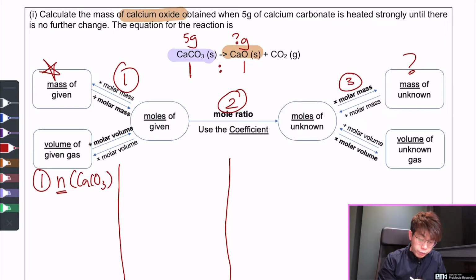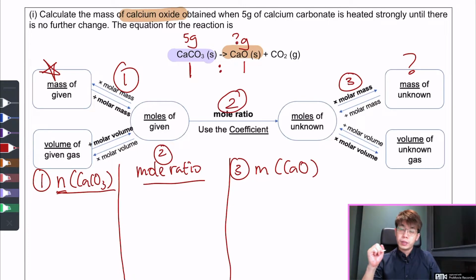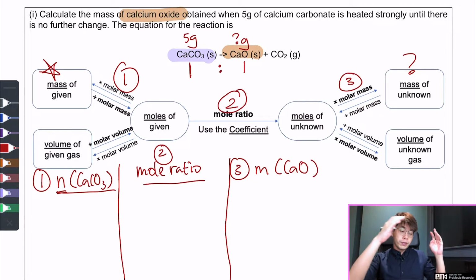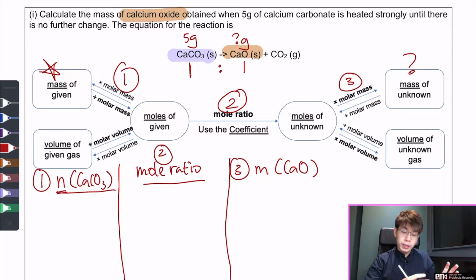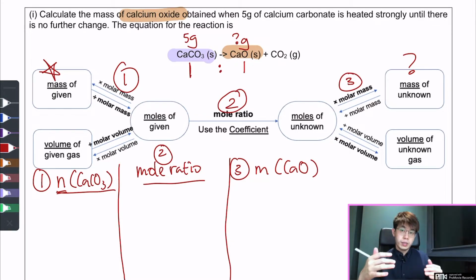After you find the number of moles of calcium carbonate, you need to use your mole ratio. That is the second step. That's 2. And then the third step is finally you need to find the mass of your calcium oxide. I hope that you understand this neat process. First find the number of moles of calcium carbonate, use the mole ratio to find the moles of calcium oxide, and then after that find the mass of calcium oxide. It's always in this sequence.